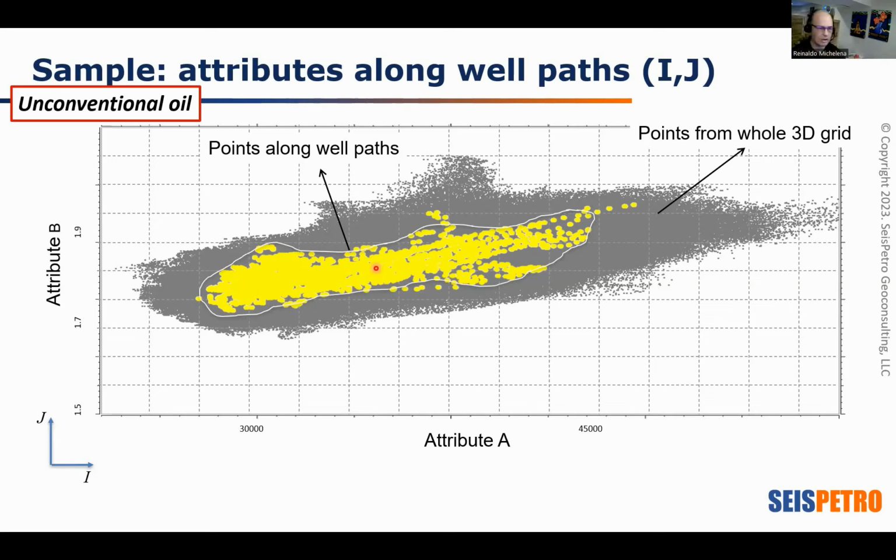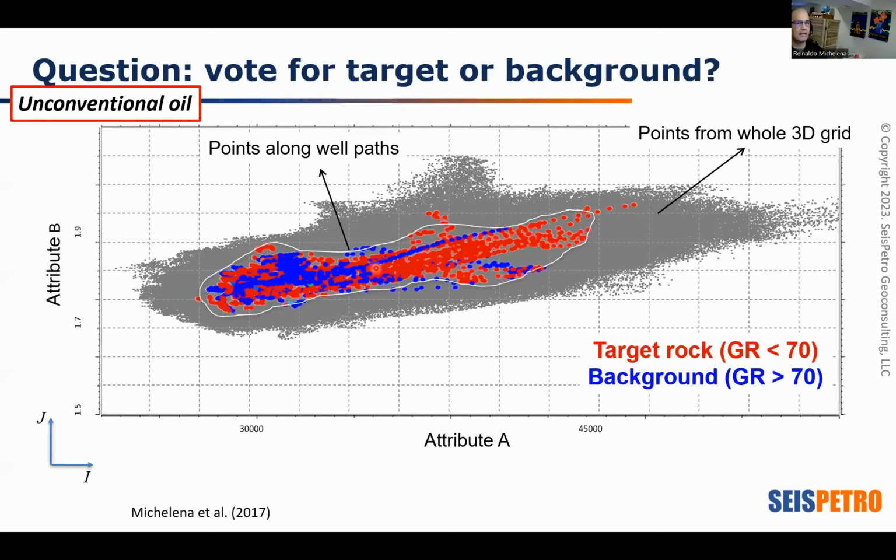Okay, so we have the sample, and the next thing we need to do, like in any poll, is to ask a question. And in this case, the question is very simple. Do you vote for target or do you vote for background? Okay, and then the answer to that question is in basically the facies flag log that we generated along the horizontal wells.